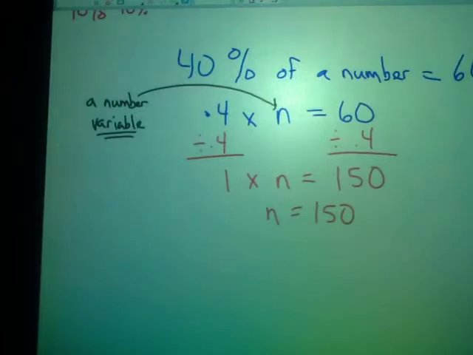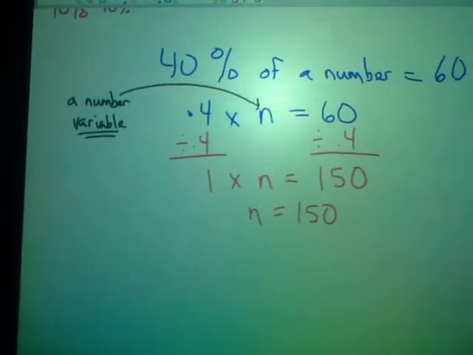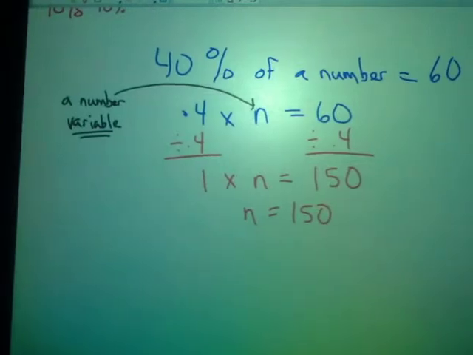So notice I took 40% in blue, and right below I changed it to 0.4, or 4/10. Of still means times. N is now the number that I'm trying to search for, and I put a little black arrow there, so a number, and then I underlined a variable. We call that a variable, and I know you guys know that, but just a good review for you.